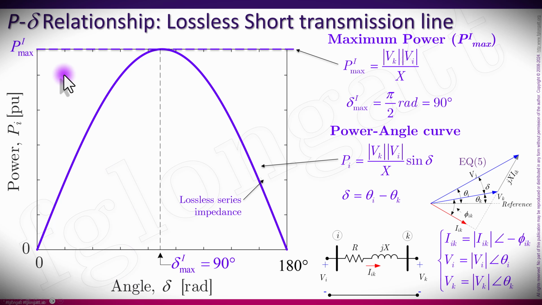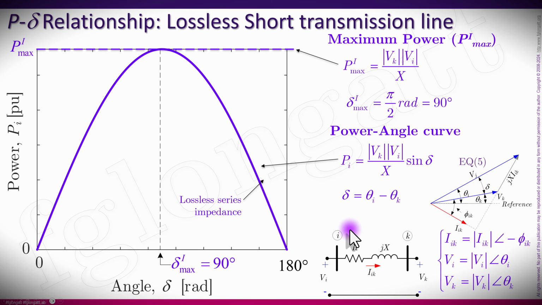Basically, you can see over here the vertical axis, the y-axis, is representing the active power, and on the horizontal axis, you are representing the phase angle delta. And remember, this delta is the angle between the sending and receiving voltage phasors.